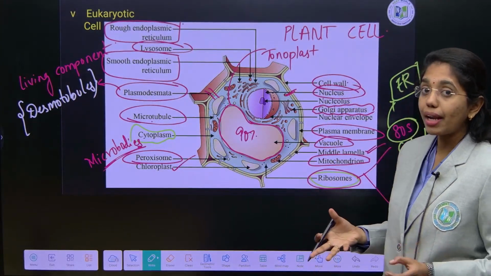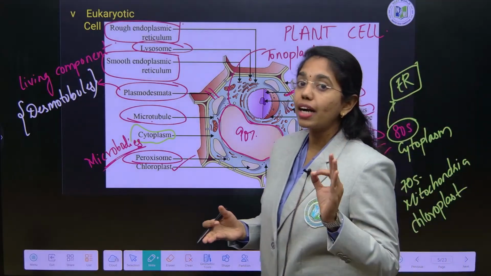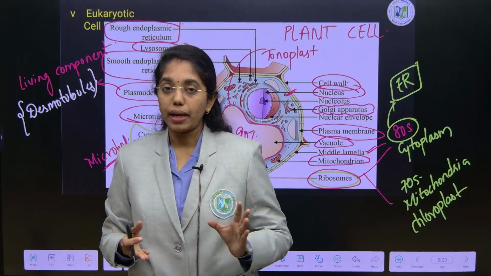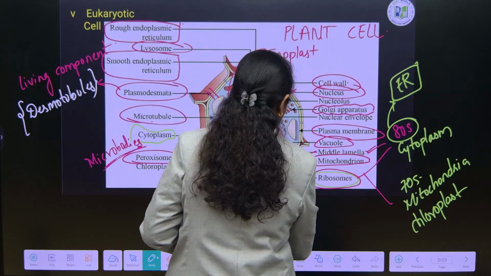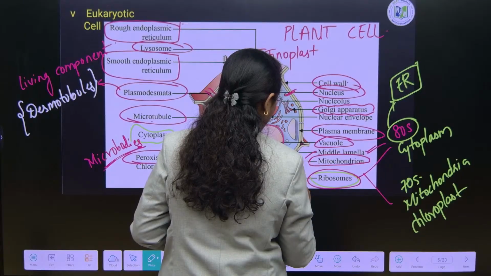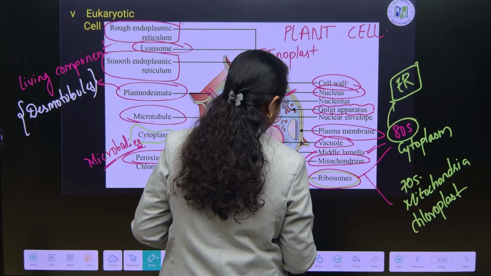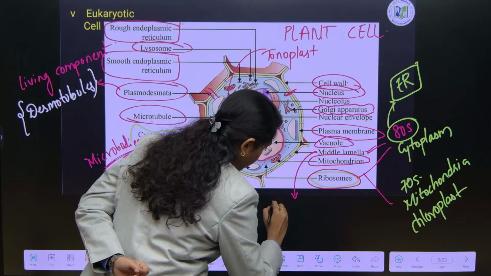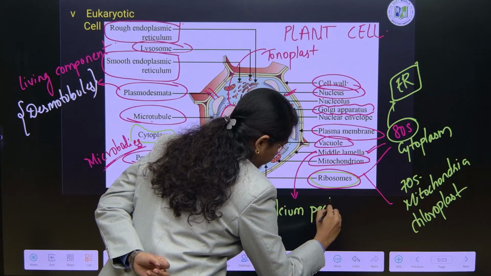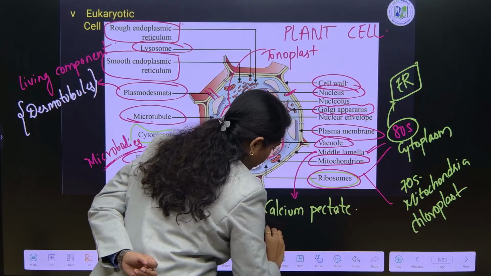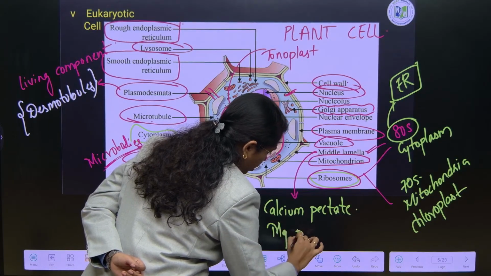The first formed plant cell wall layer is the middle lamella. Middle lamella is composed of calcium pectate and magnesium pectate. Remember this.